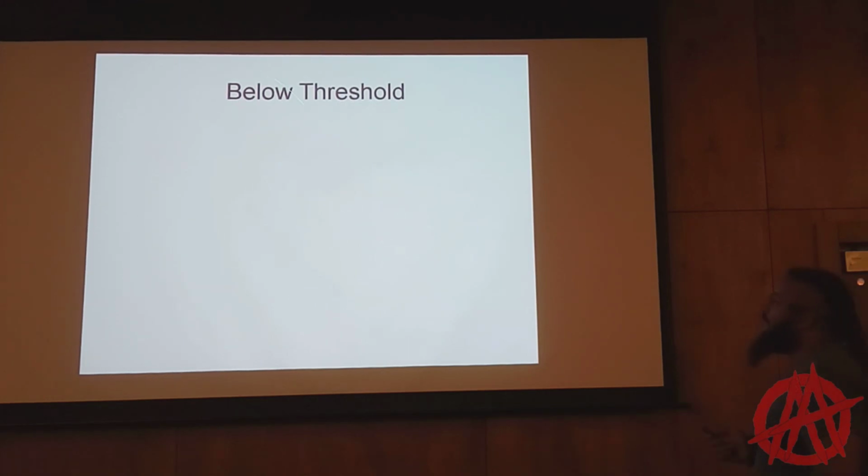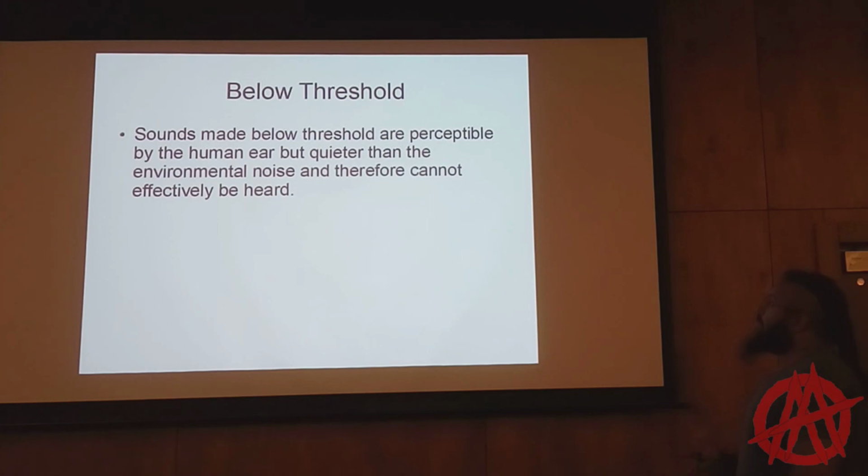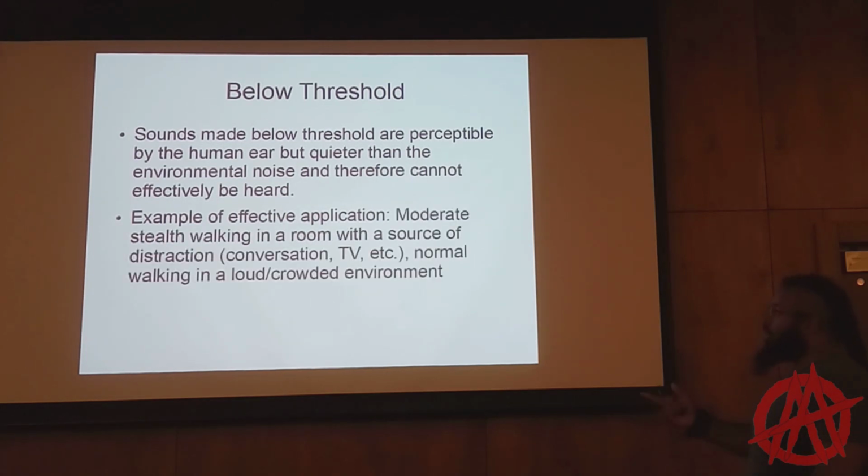So that takes us to the next and more applicable one, which is below threshold. Sounds made below threshold are perceptible by the human ear, but quieter than the environmental noise and therefore cannot effectively be heard. An example of effective application: moderate stealth walking, like I just showed, in a room with a source of distraction, conversation, TV, or normal walking in a loud, crowded environment.